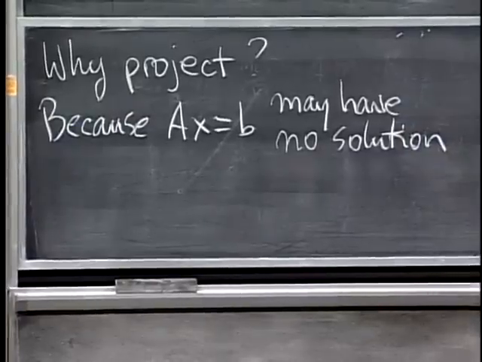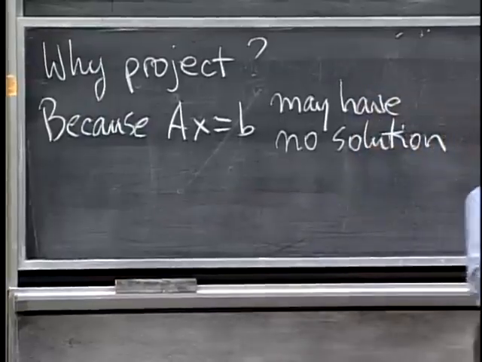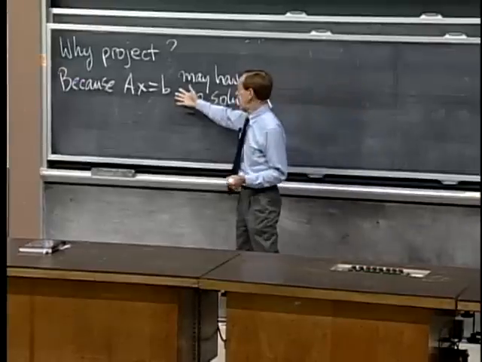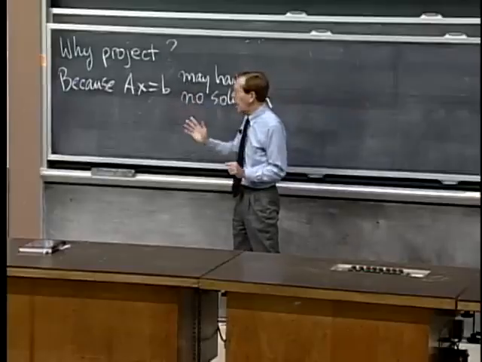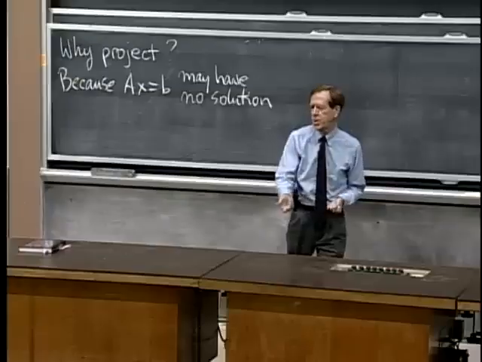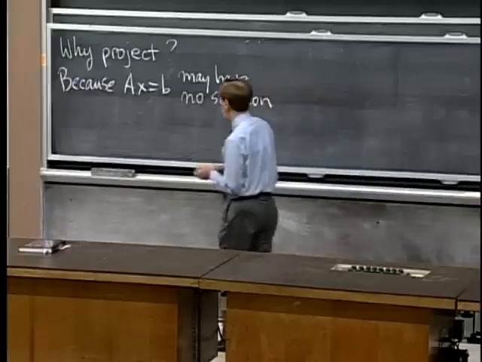So that's really my problem, that I'm given a bunch of equations, probably too many equations, more equations than unknowns, and I can't solve them. Okay, so what do I do? I solve the closest problem that I can solve. And what's the closest one?